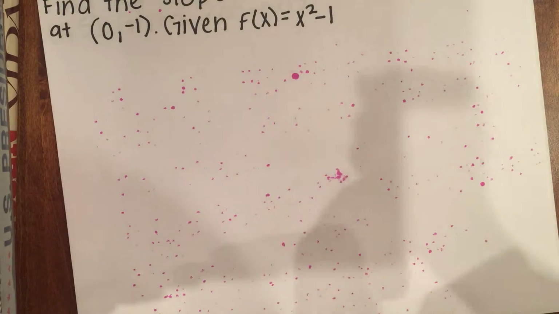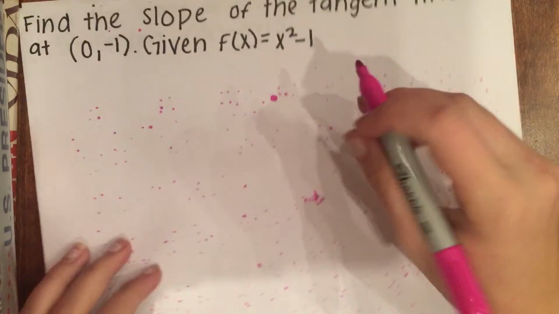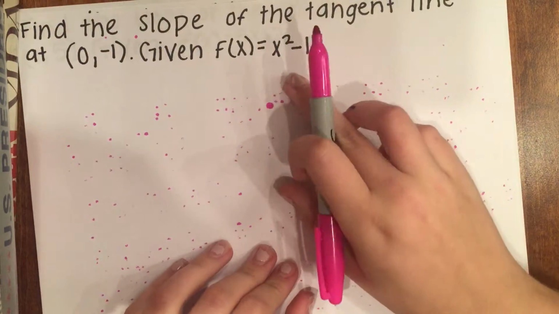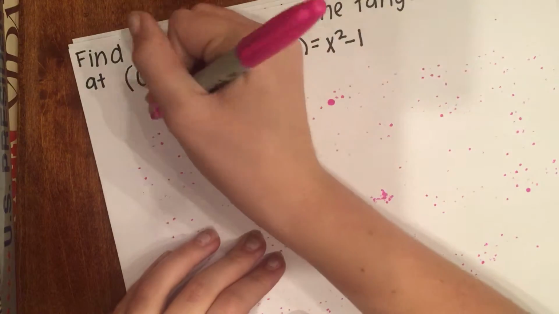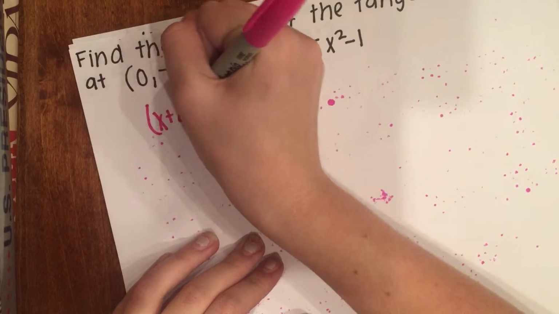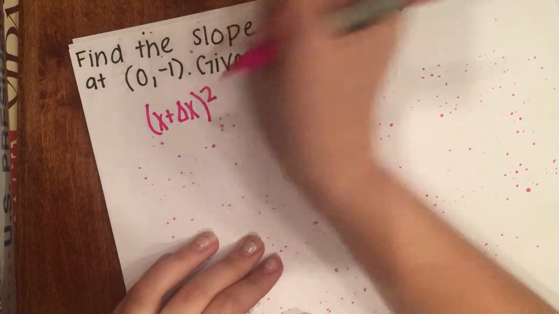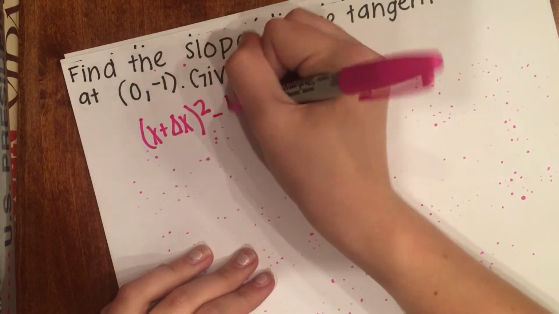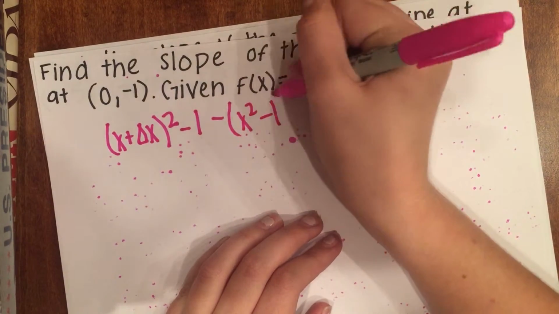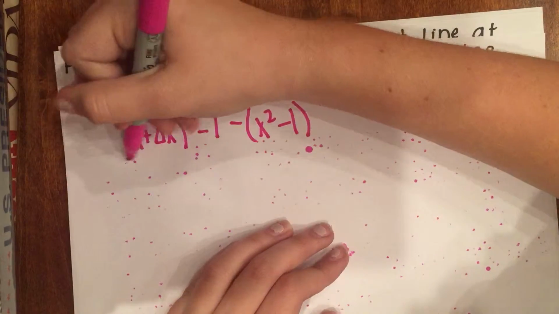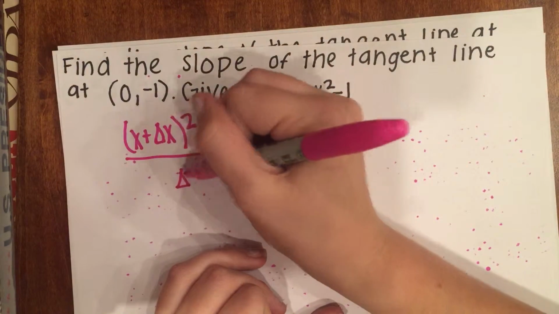So first things first, we plug in x plus delta x for every x in this equation. So we end up with x plus delta x squared minus 1 minus x squared minus 1 all over delta x.